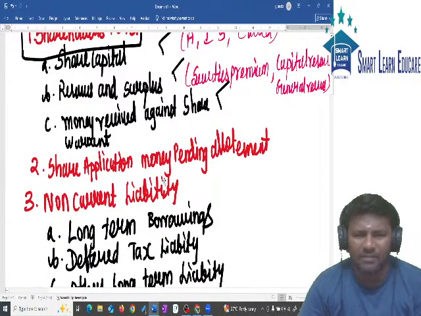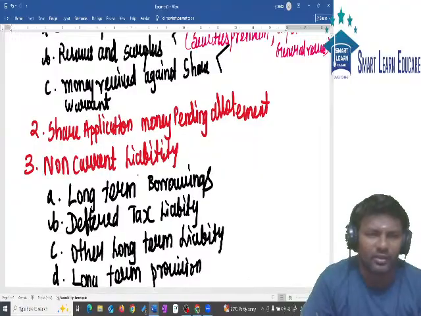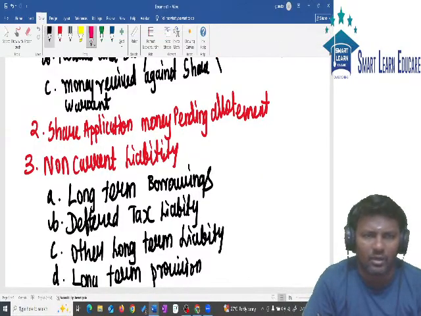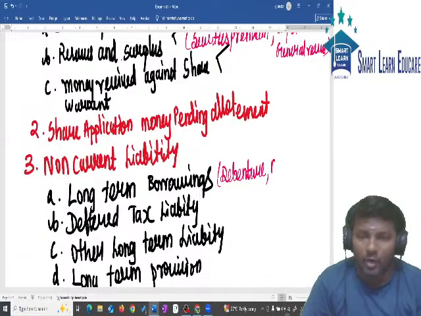Okay, share application money pending allotment, separate thing. Non-current liability, long-term borrowing. What all will come under long-term borrowing? Debentures and mortgage loan.